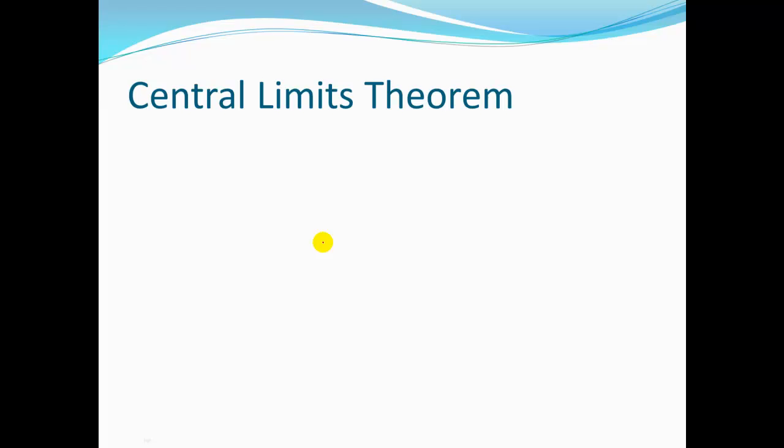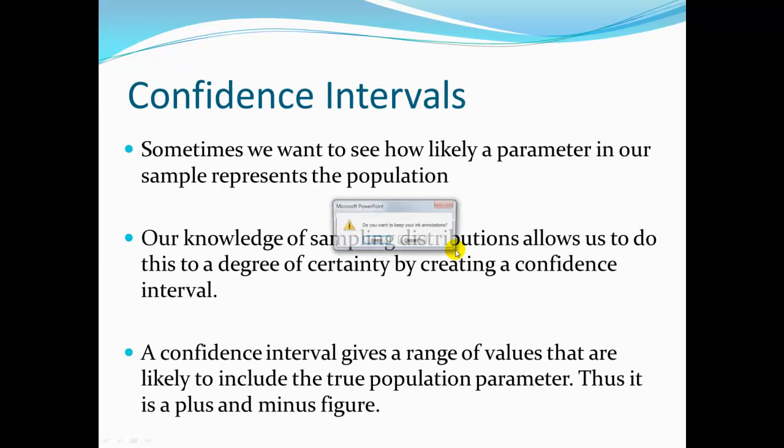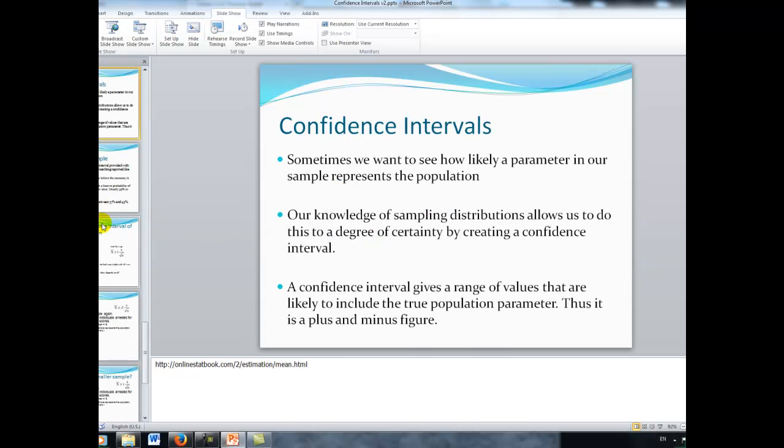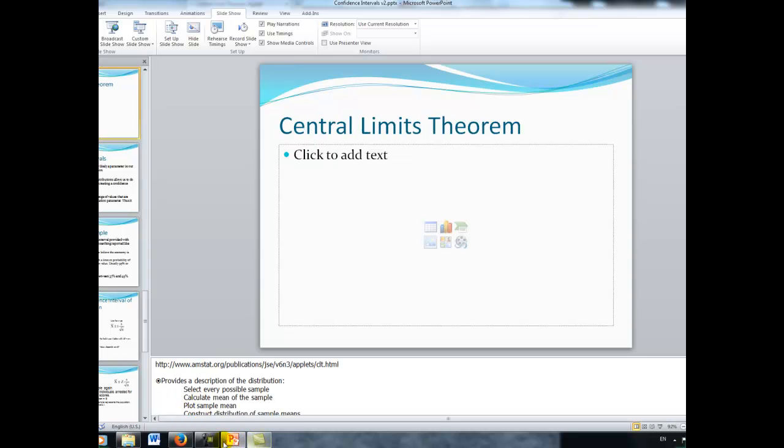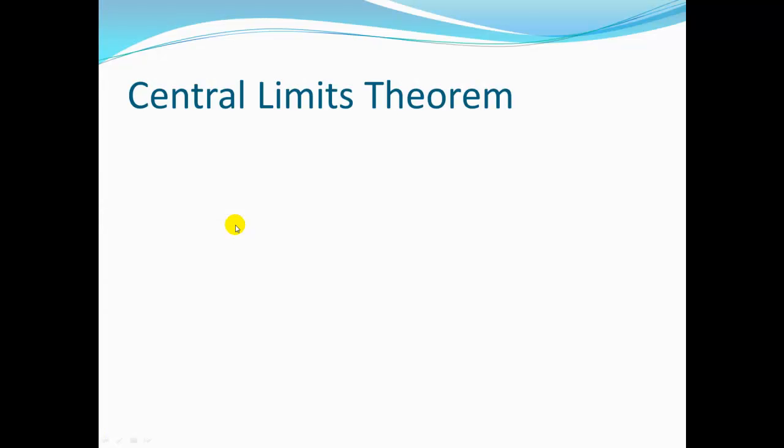So, central limit theorem, coming back to that. Let me pull up an applet online to demonstrate this. But before we look at that, what does the central limit theorem say?